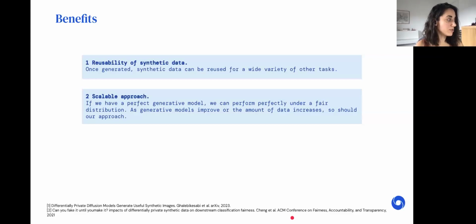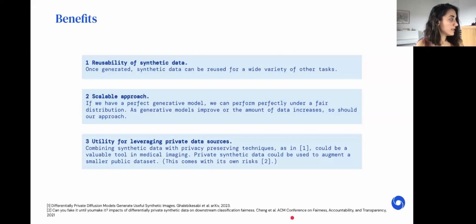And as generative models improve or the amount of data increases, so should our approach. We can utilize private data sources by combining synthetic data with privacy preserving techniques. This can be a very powerful tool in medical imaging to augment smaller public data sets, which of course comes with its own risks.